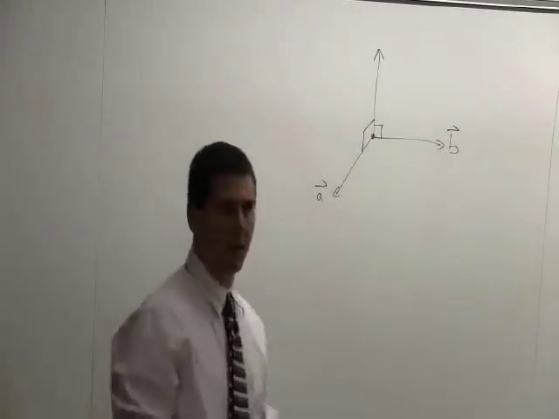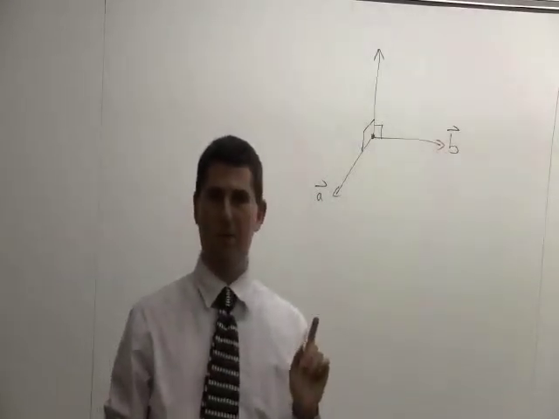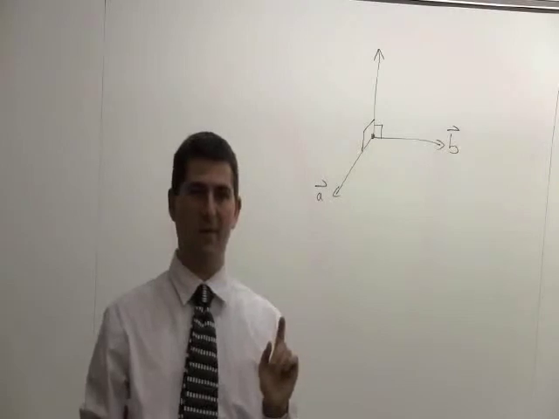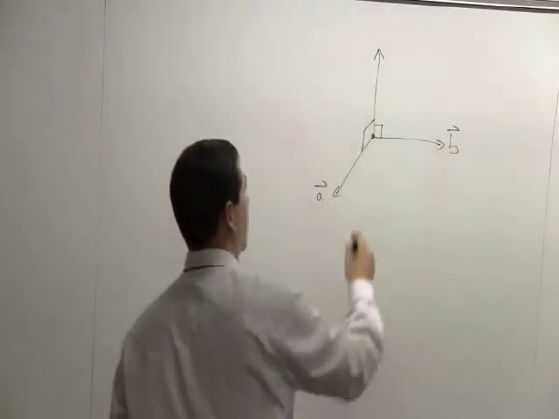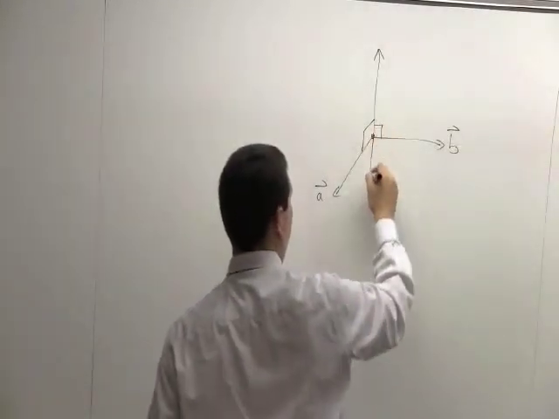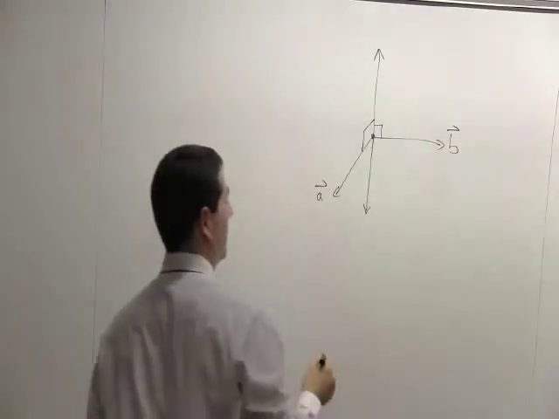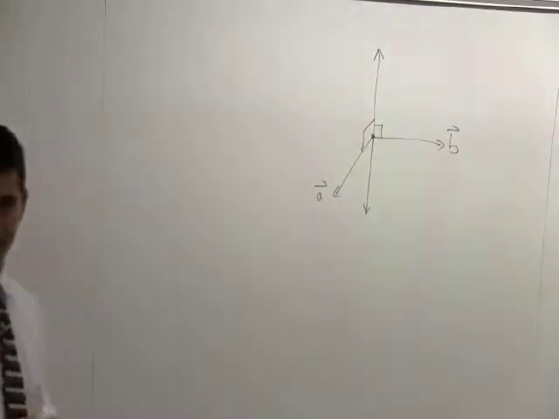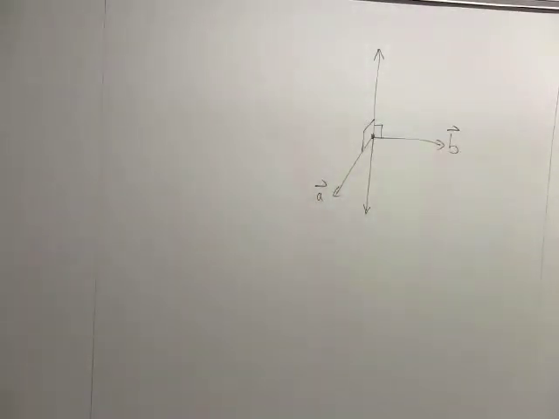Okay. Is there another option for this? I could go down. I could take the same vector and go down. So I have two different options for this. And in the end, we're going to choose one of these and call that the cross product. But for now, I won't tell you which.